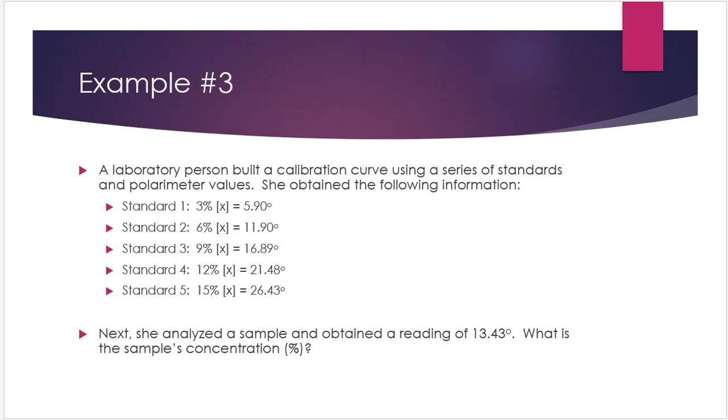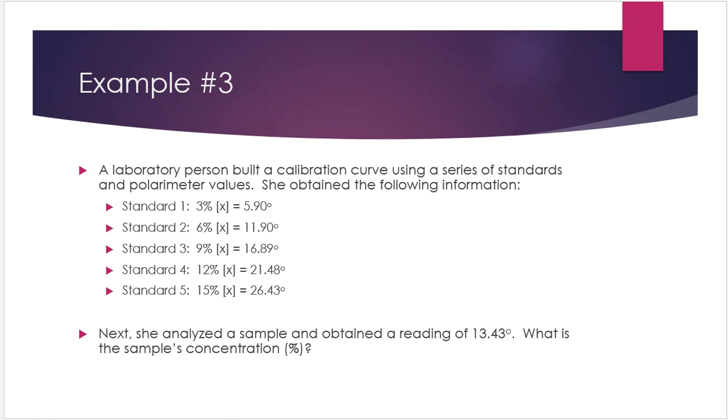So this is a way that we can revisit a couple of topics here. One, we are building a calibration curve using polarimeter data, and we can do that quite easily. Just like any other calibration set, we just need to establish a relationship between the concentration and the signals from the instrument. So it looks like she did a series of 5 standards.